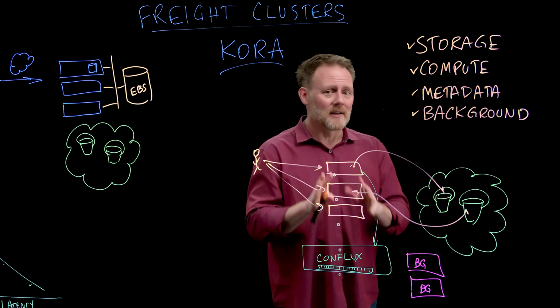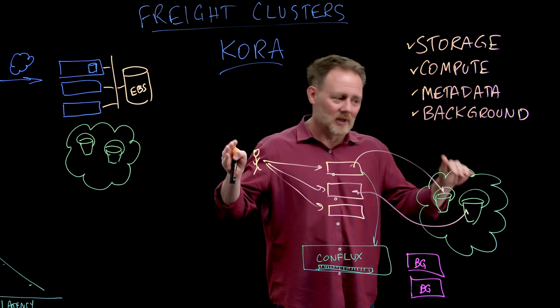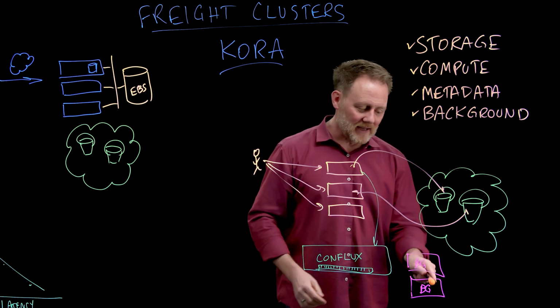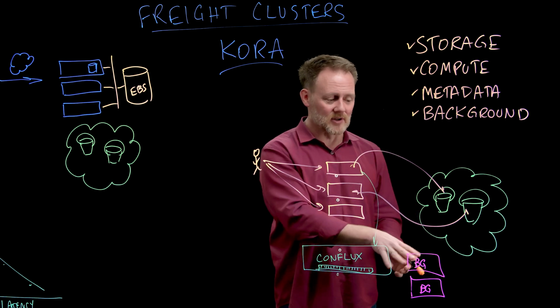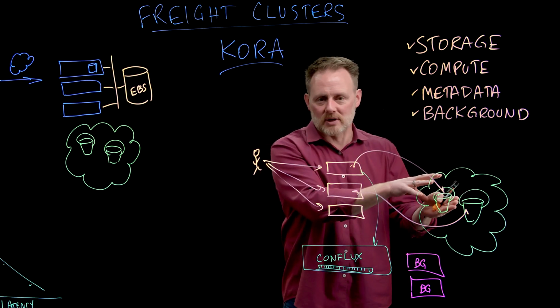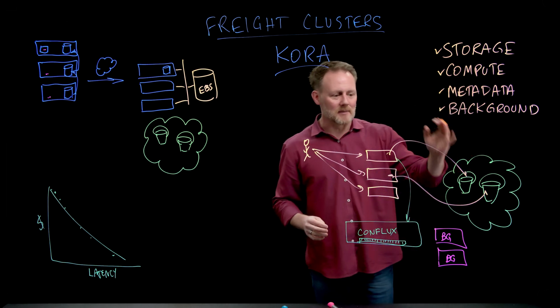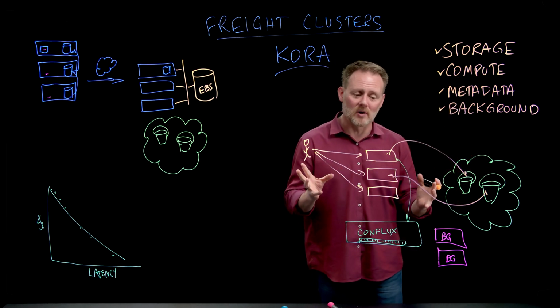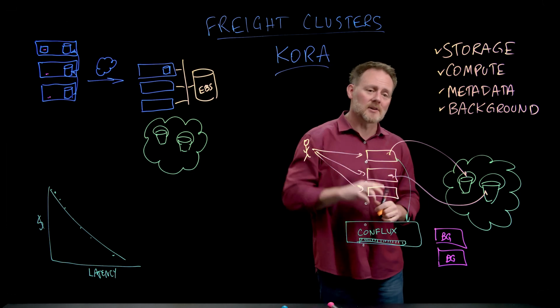Nobody wants that. There is some optimum file size that is going to maximize performance and minimize cost. And one of the things, as an example, that this background layer is going to do is that compaction over time. So they just help keep things clean. So you got storage, compute, metadata, background. Those are the basic layers in Kora. And this is how they're implemented to make freight clusters work.